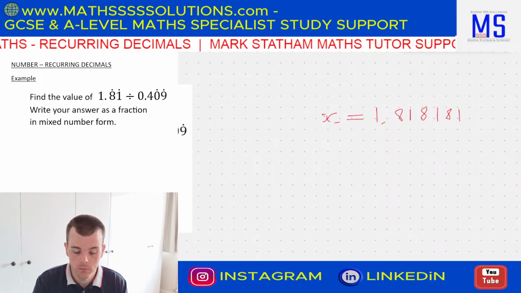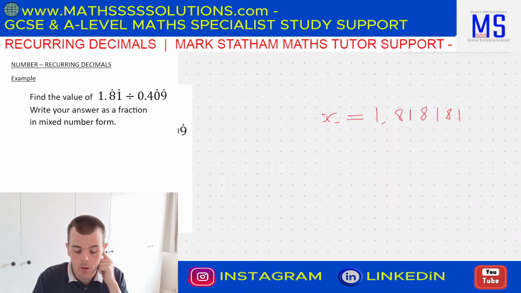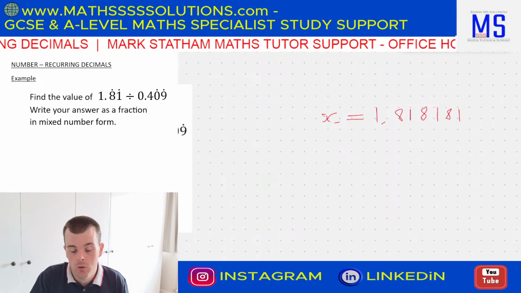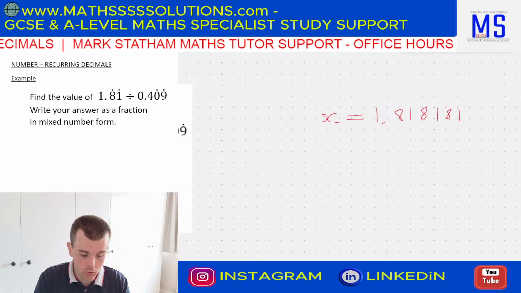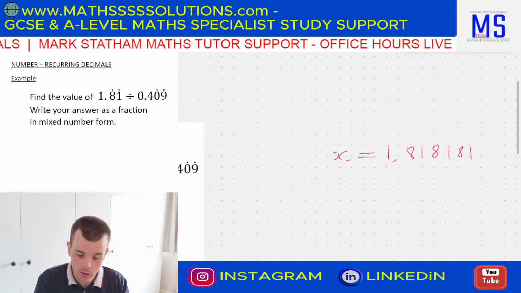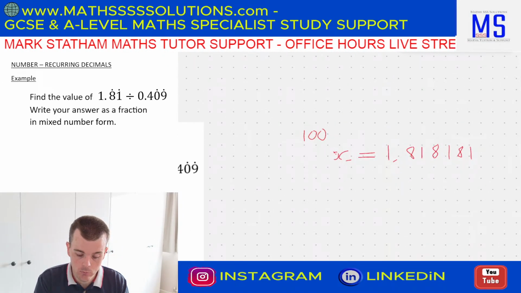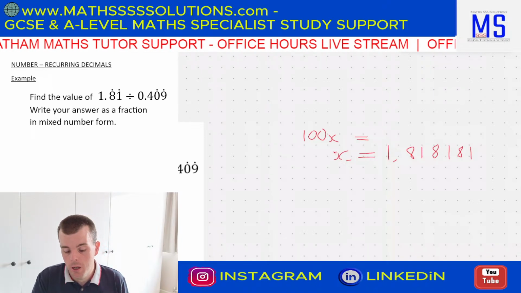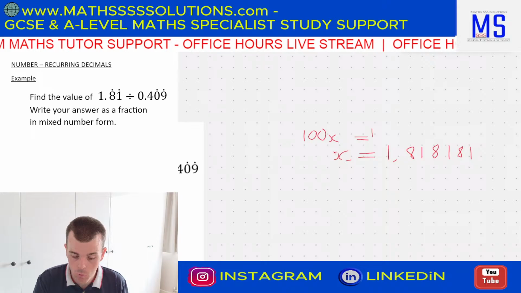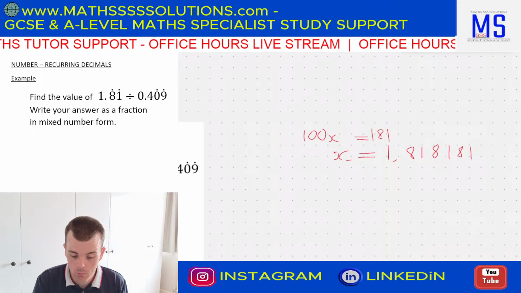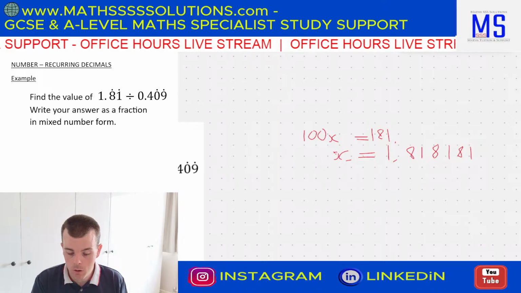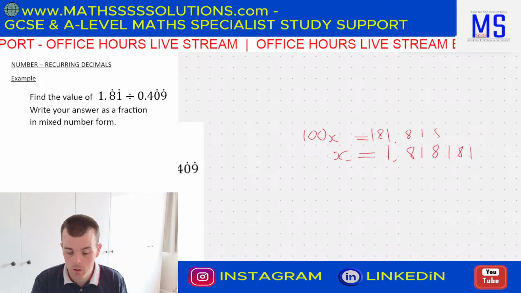1.818181. Now the recurring part is of length 2, so you need to move the decimal point twice, so that's why I'm going to choose 100x, and 100x I'll write above. 100x would be 181 point, and then you would have 818181.